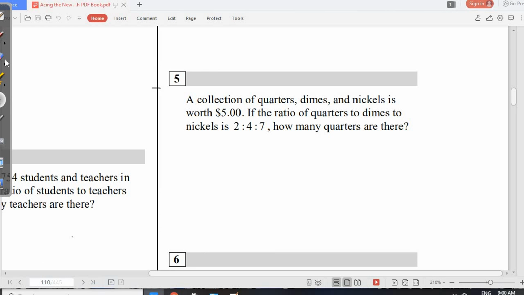In this question, a collection of quarters, dimes, and nickels is worth $5. The ratio of quarters to dimes to nickels is 2:4:7. First of all, a quarter is 25 cents, a dime is 10 cents, and a nickel is 5 cents.